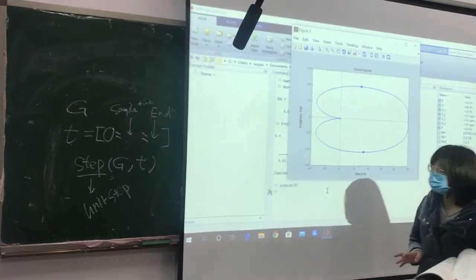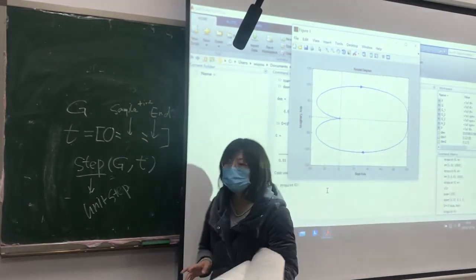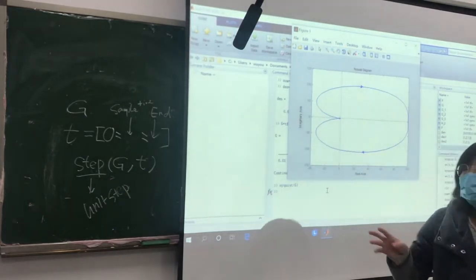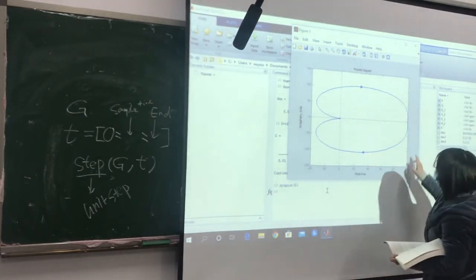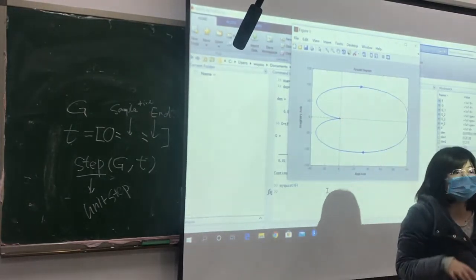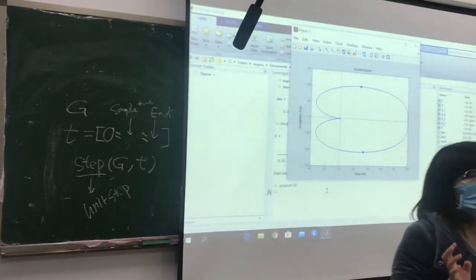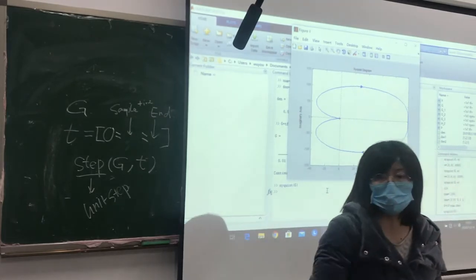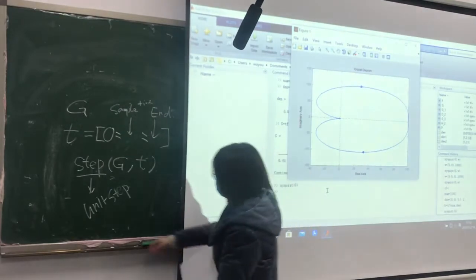Because MATLAB does not only consider the situation when the curve changes according to omega from 0 to infinity, but also considers the situation when omega is from negative infinity to 0.